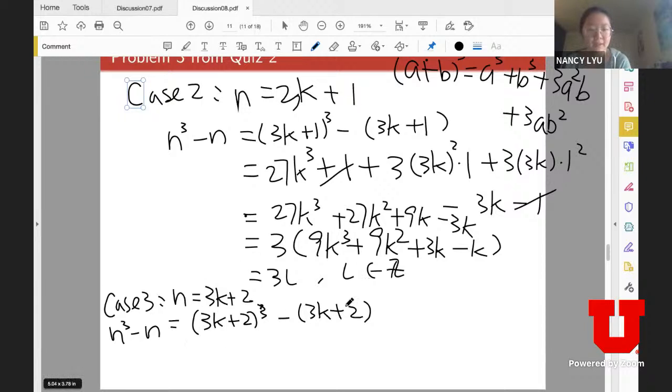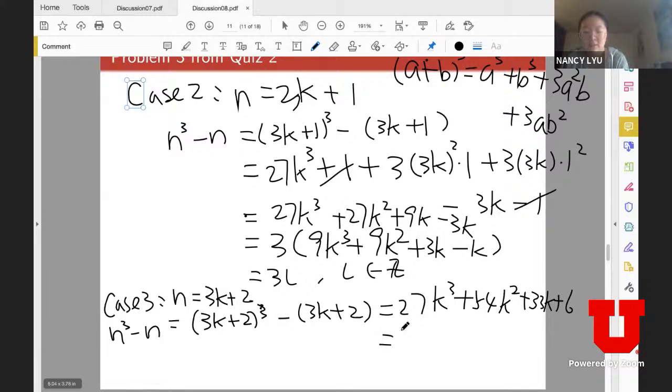I'll skip a few steps, and after simplification we will get 27k cubed plus 54k squared plus 33k plus 6.